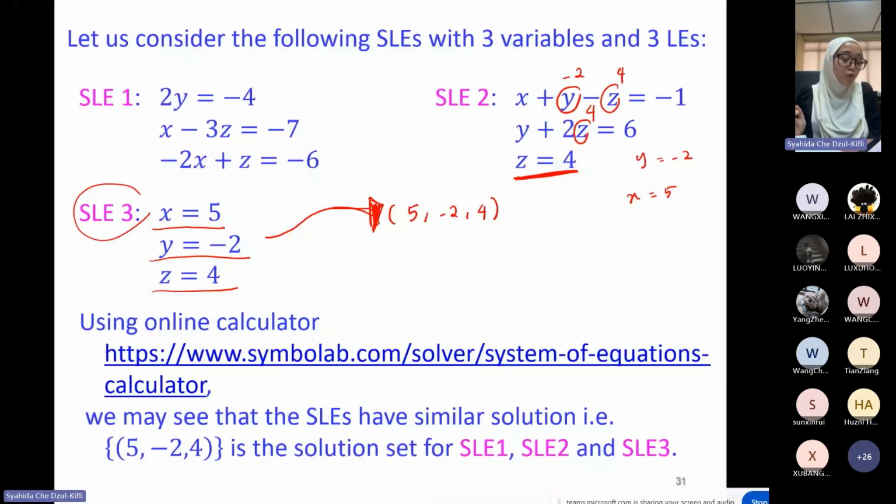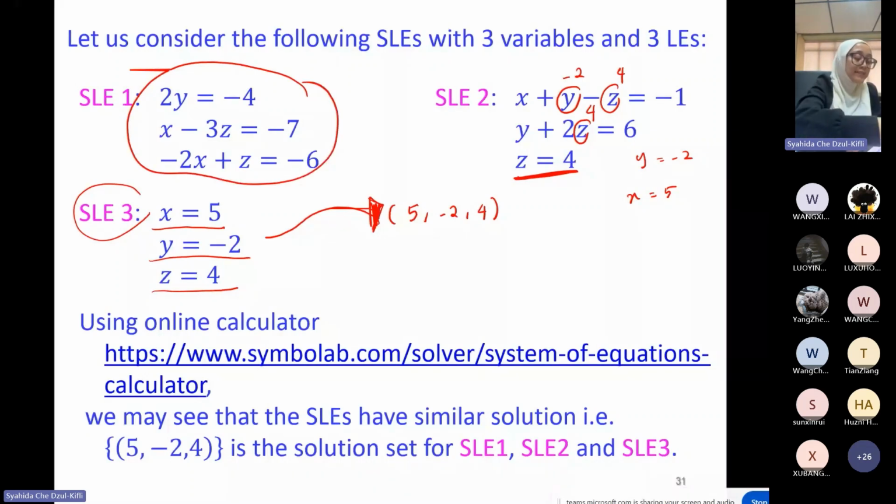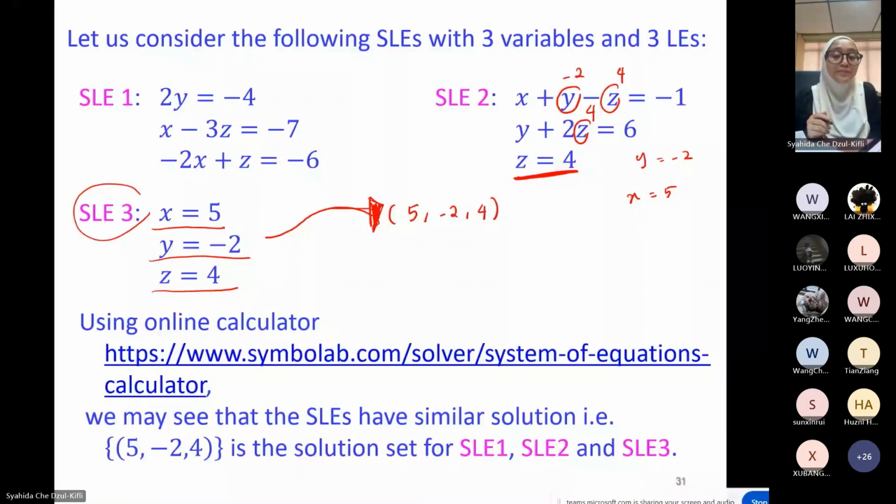Therefore, system 2 is easy to solve, but system 3 is easier compared to SLE2. But to solve system 1 is going to be a bit difficult. We need more work to solve this system of linear equations. All right? Is that clear?